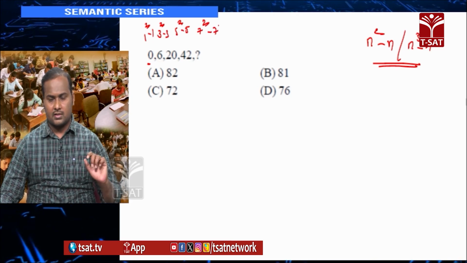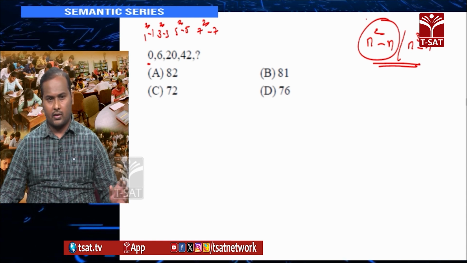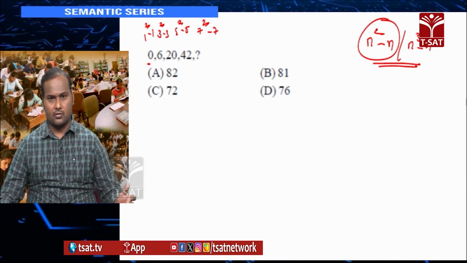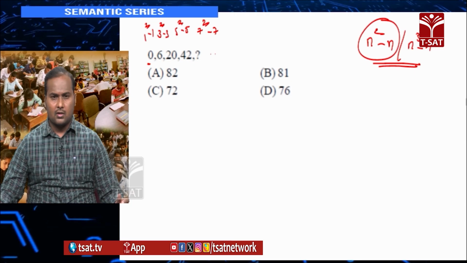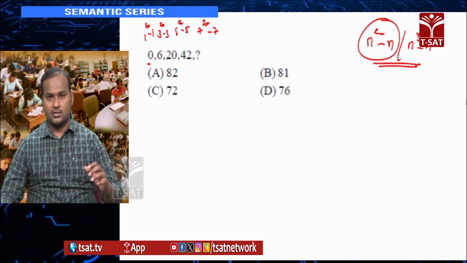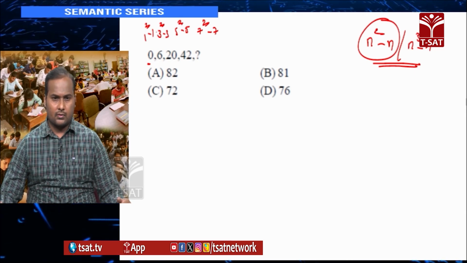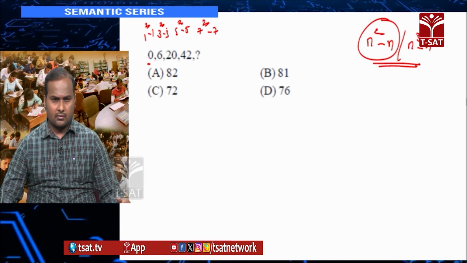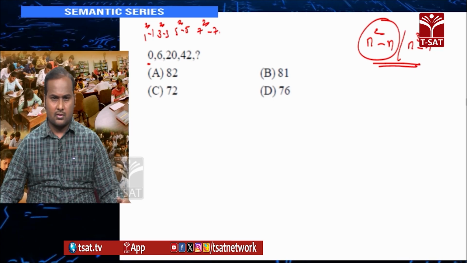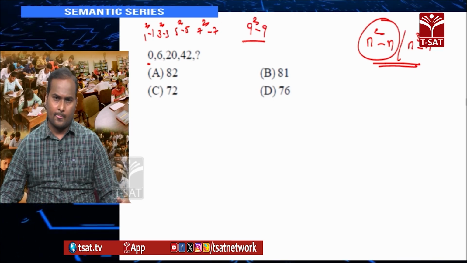So, this question is in the format of n square minus n, but it is not following like 1 square minus 1 or 2 square minus 2 or 3 square minus 3. So, it is just changing these numbers like 1, 3, 5, 7, he is changing like that, not consecutively. So, 1 square minus 1, 3 square minus 3, 5 square minus 5, 7 square minus 7. Answer will be 9 square minus 9.